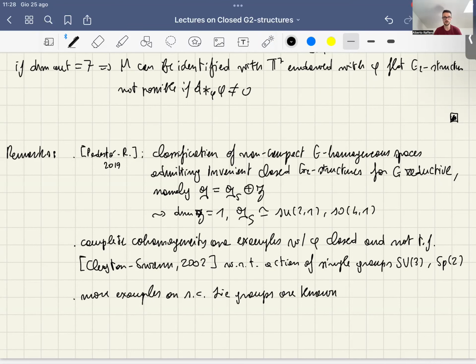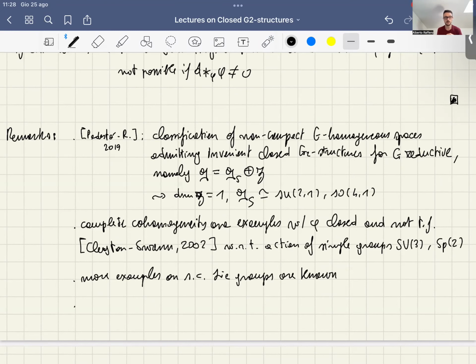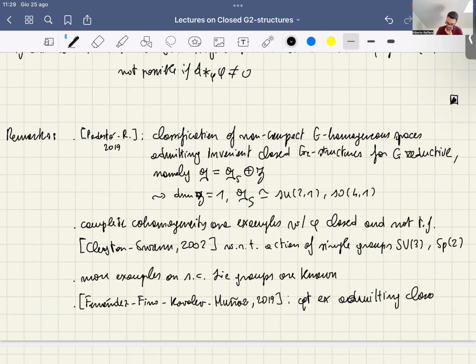And finally, let me remark that recently, in the compact non-homogeneous case and not cohomogeneity 1 either, there was an example obtained by Fernández, Fino, Kovalev, and Muñoz that goes back to 2019, who obtained a compact example admitting closed G2 structures and no torsion-free G2 structures, whose first Betti number is equal to 1.